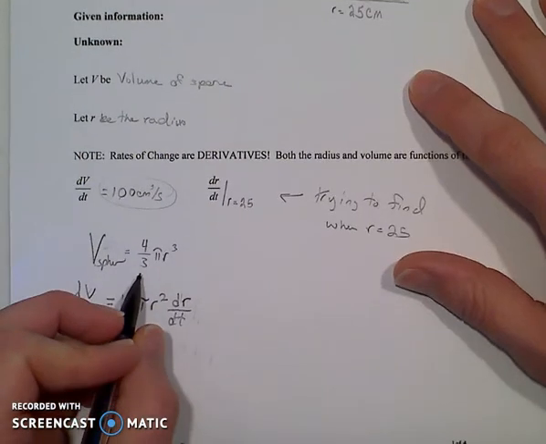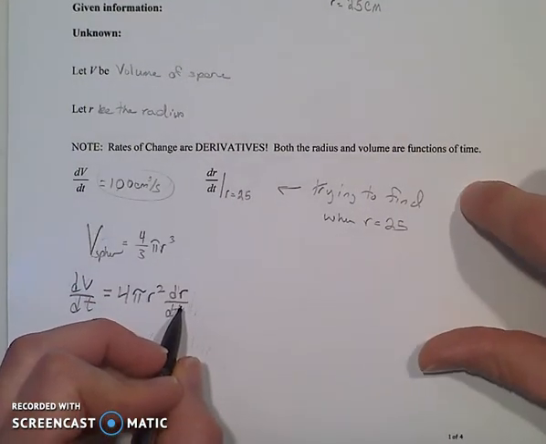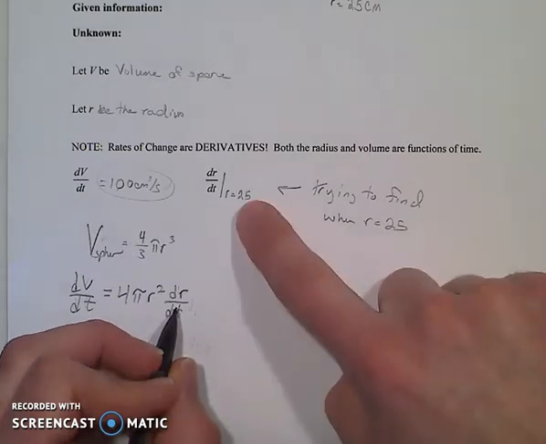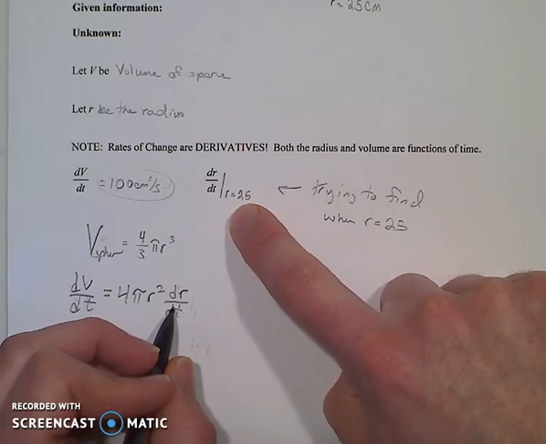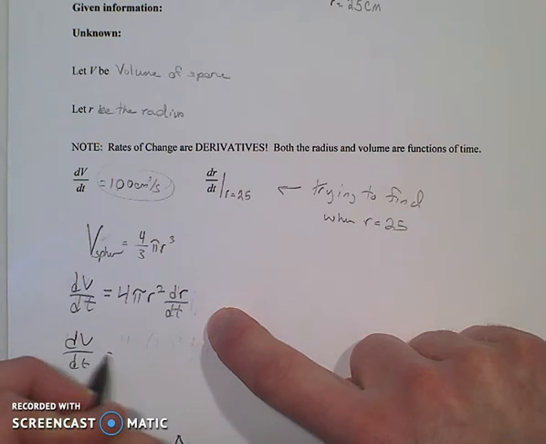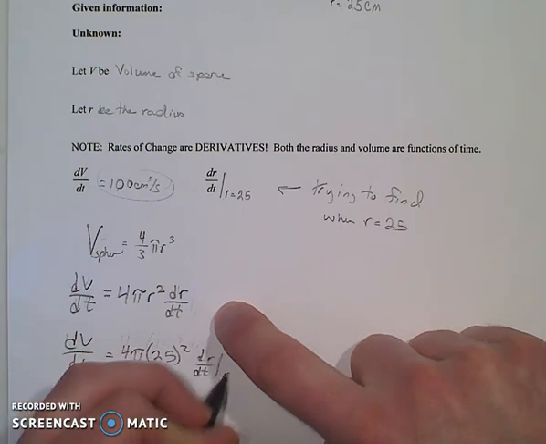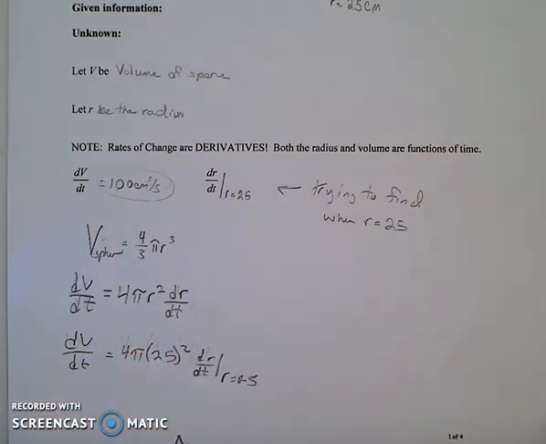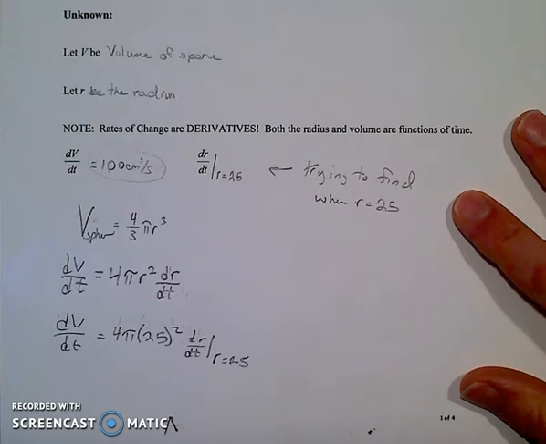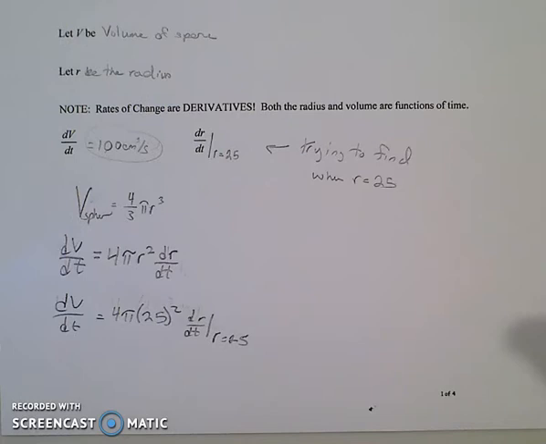So now we have dr/dt. This is what we're trying to find. Notice that we're trying to find dr/dt when r equals 25. So when r equals 25, we can now plug in. So dV/dt equals 4 pi times 25 squared dr/dt evaluated when r equals 25. Hey, that's good. That's what we've got. So now it's solving.